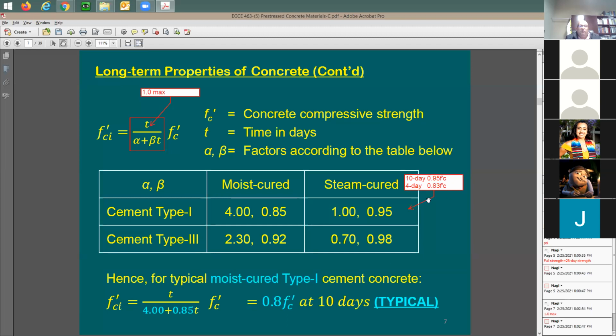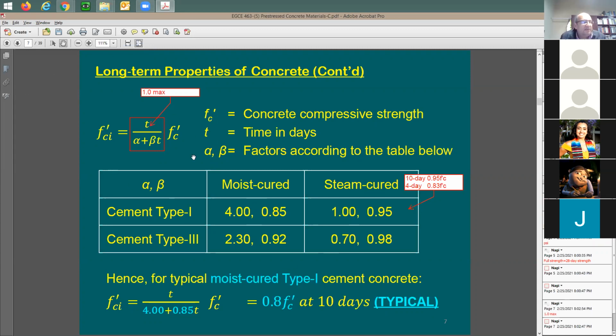So actually, in 3 to 4 days, doing steam cure is going to be a very good idea, and they are going to be at 80% of the strength. So you don't really need to wait 1 more week. If I can do this in 3 to 4 days, I don't really need 10 days to gain 80% of the strength. So now I can maybe do a cost estimate or value engineering to figure out what the steam cure process is going to help me with. It's going to save you about a week. So the question is, does it make sense to use steam cure versus moist cure or not? You can decide on this.